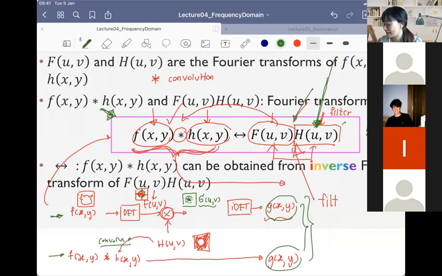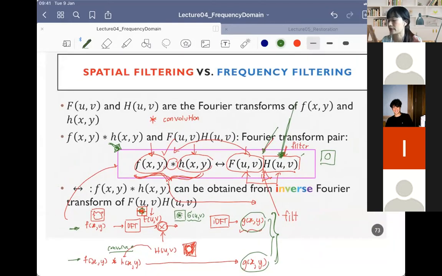So I hope that you can prove the equivalence of these two processes by seeing the same result. But anyway, in this chapter, I just want you to see the importance of convolution and how it can be used to convert between the frequency domain and the spatial domain.